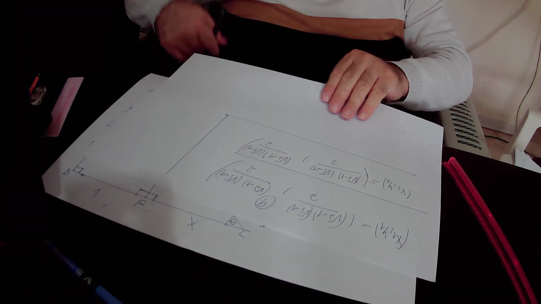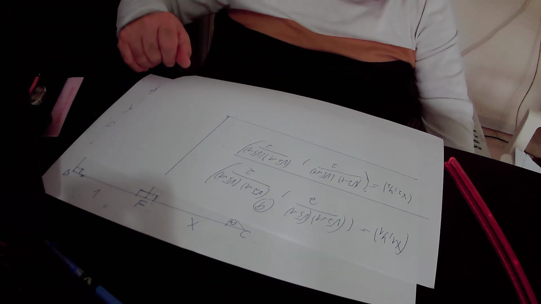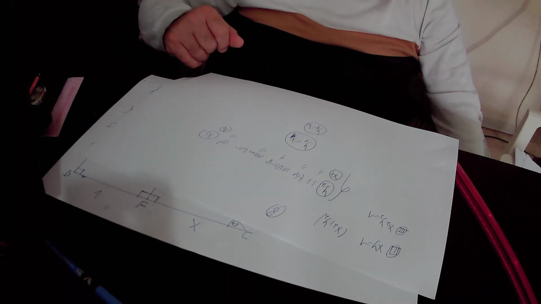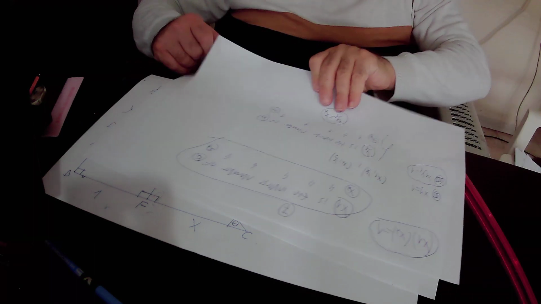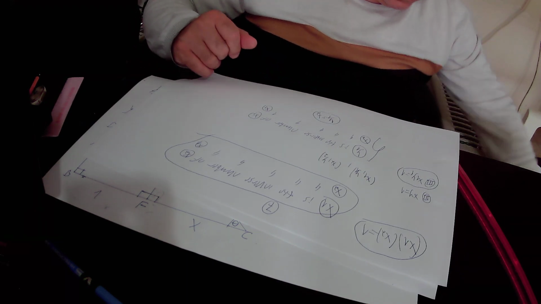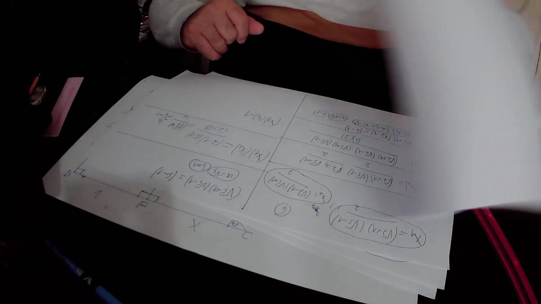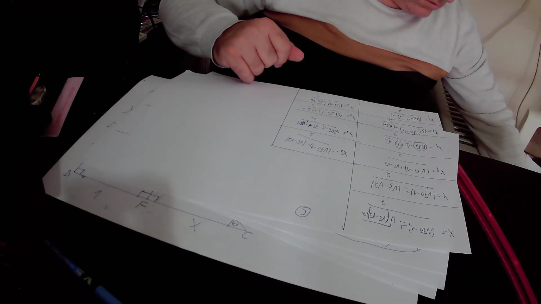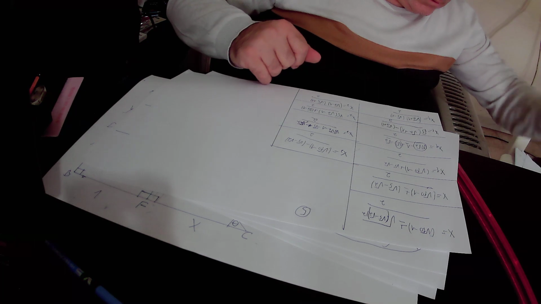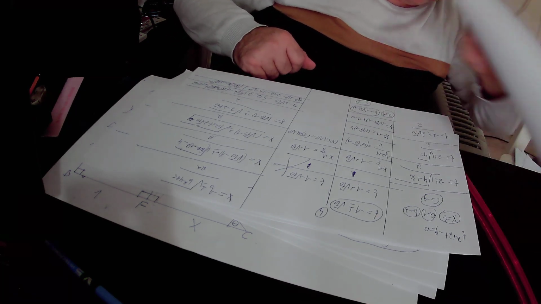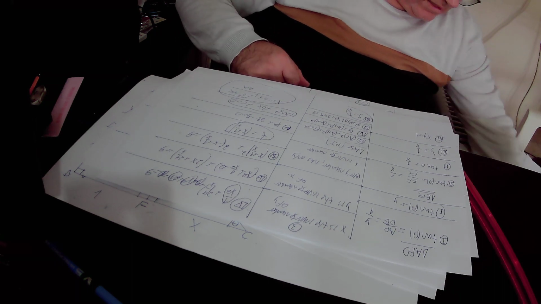Now I will summarize the lecture. Actually, we wanted to find out the values of line segments x and y. And we have a square, and the square is inside the right triangle ABC.